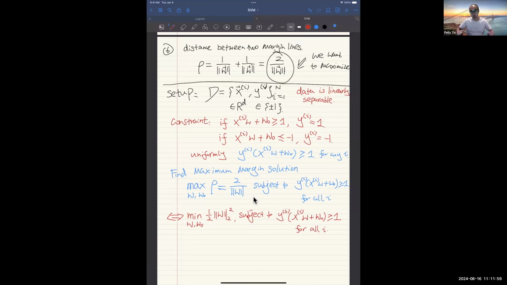This is called quadratic programming. If you have already heard about this, we have a quadratic objective and linear constraints. And you can show this whole thing is a strictly convex problem.